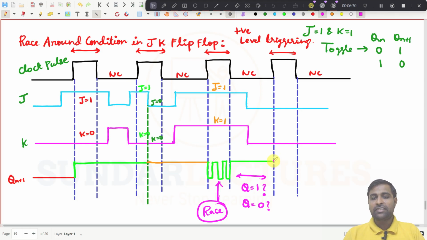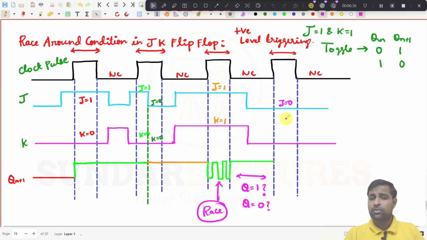And see here the clock pulse has become high. So what is the value of J here? J is equal to 0 and K is equal to 0, and the output should be retained at 1 here. At this point, the output should be 1, right?